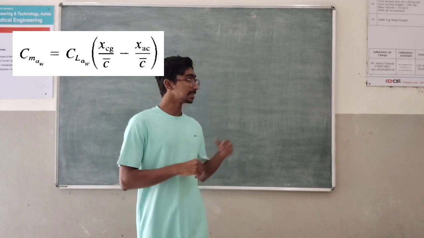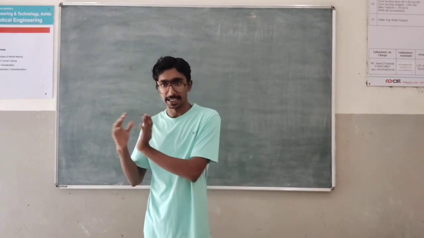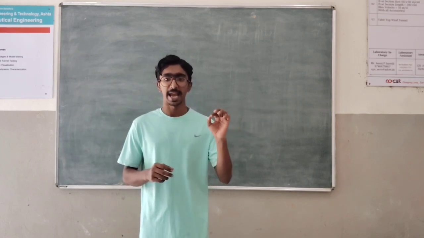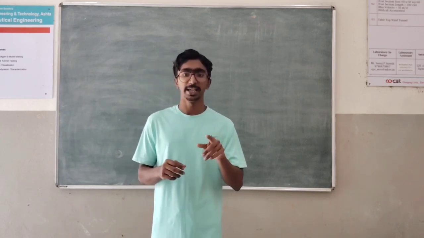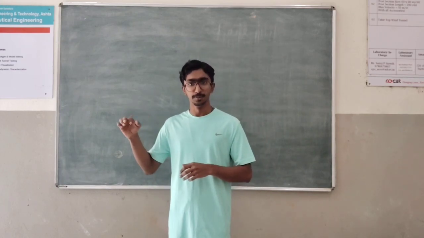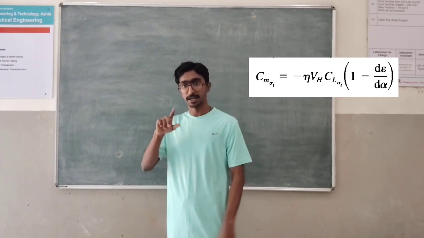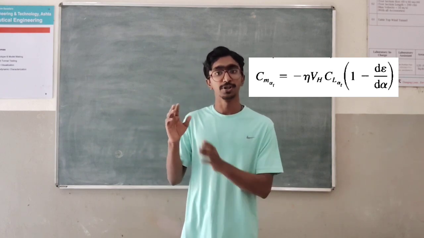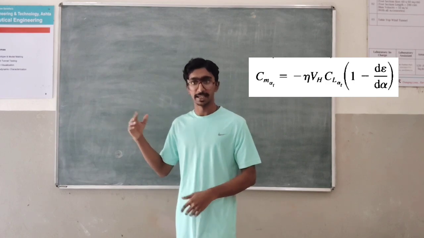The second one is about the tail. By now you might have guessed what its notation will be. It will be Cm alpha T, where T stands for the tail, and it will be equal to negative eta, that is the efficiency, multiplied by Vh, multiplied by the coefficient of lift with respect to angle of attack of T, that is the tail.